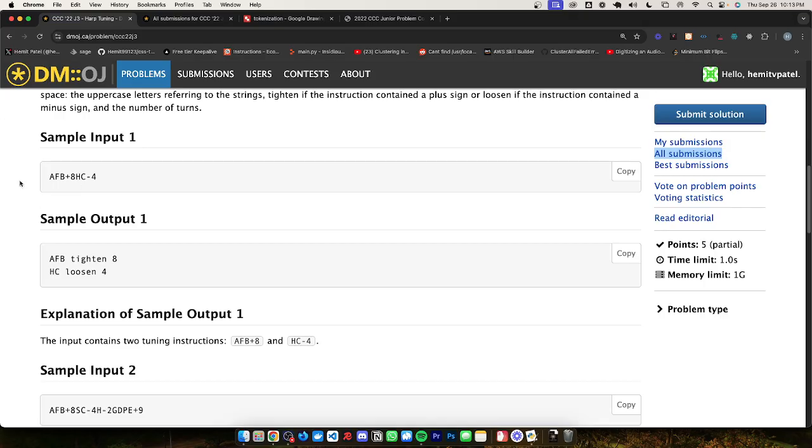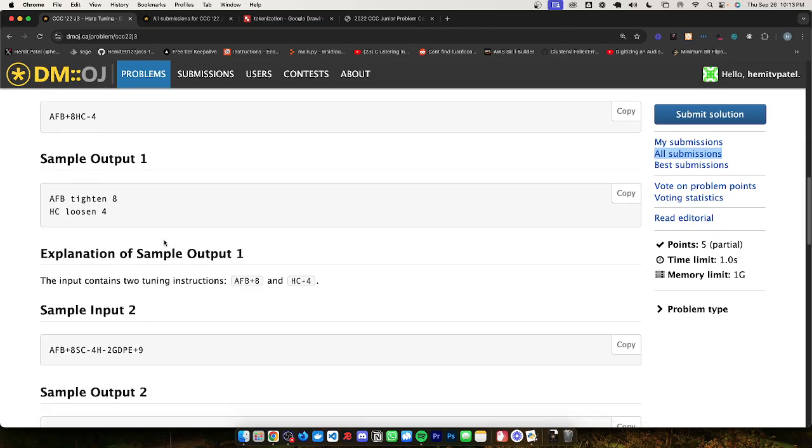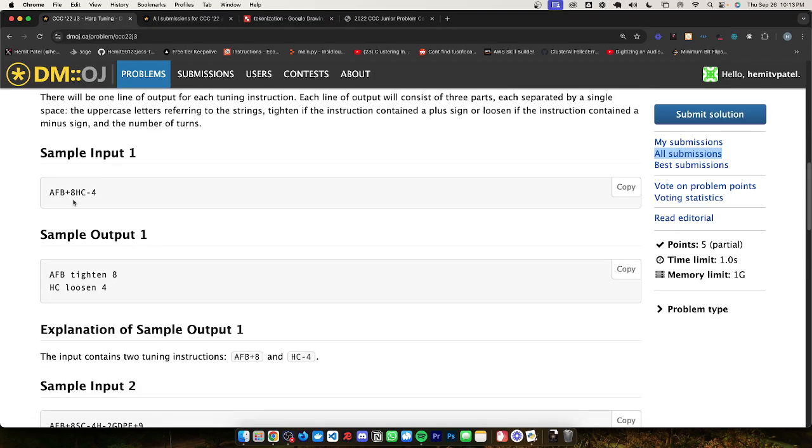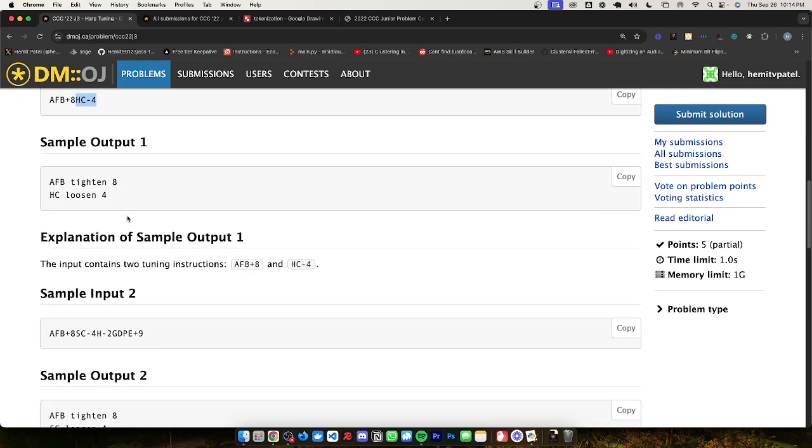In this case, the pattern I see, and you'll see that in input 2 too, is that after the numerical value, which is the end of an instruction, if the next value is an alphabetical value, that signifies the end of this instruction and the start of the next instruction. We can see that here too, right?